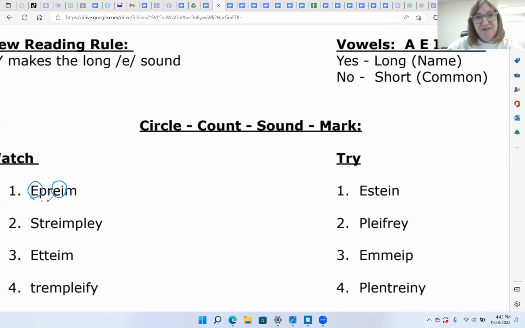Neither of those is another vowel. So no, it's not going to say its name. It's going to say its short sound, eh. This is a vowel hack that we just learned today. EI says E, the long E sound. So when I pencil read that word, it is E, E, Eprime. You try yours.